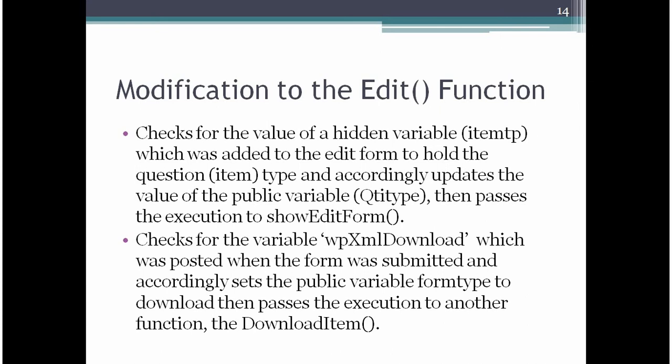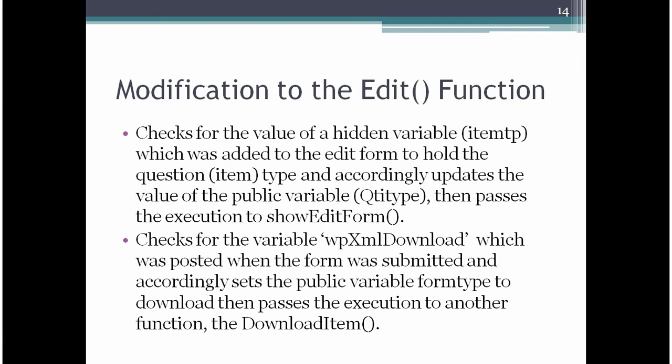Then this function also, I've modified it to check. I told you that it sets certain variables. So one of the variables that it sets is a new variable that I have introduced, which I call the WP XML download. As I told you, I'm trying to follow the same convention that the MediaWiki engine uses for the variables and for the methods, which is starting with a WP or WG.